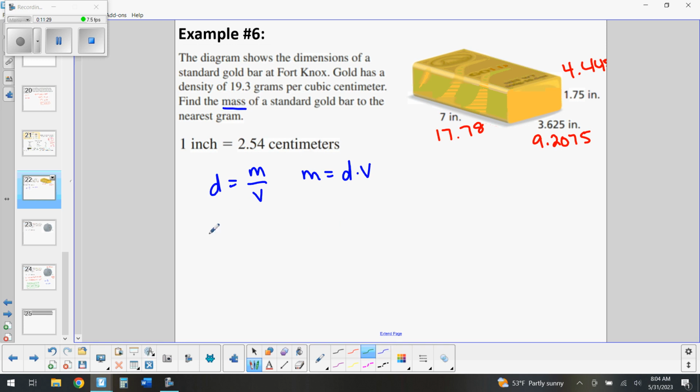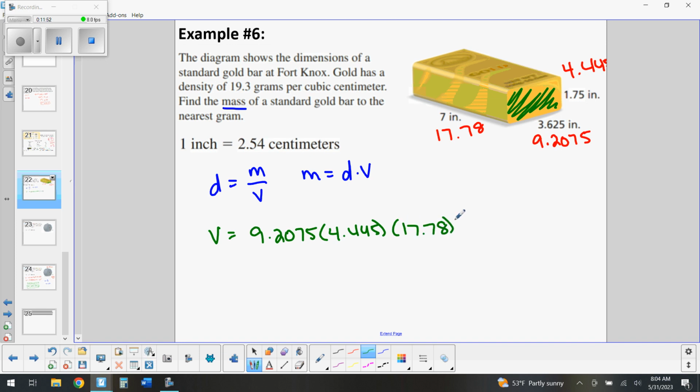So let's start by finding the volume. I can call any side the base here. Let's say we call this side the base. So that's going to be 9.2075 times 4.445. That's the area of the base times the height, which is 17.78.